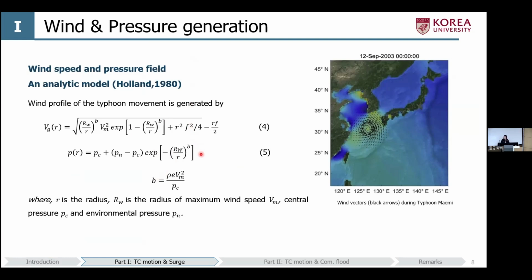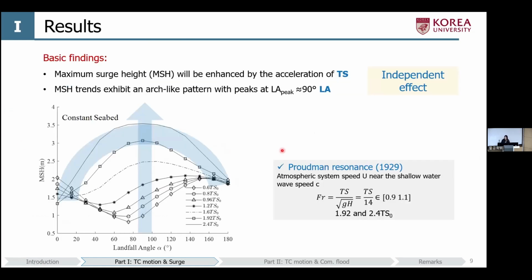If we have the known variables, like the maximum wind speed and the minimum pressure, then we can get the wind field. And these are the results from thousands of cases. These figures show the result for the constant seabed cases with different landfall angles and different translation speeds.